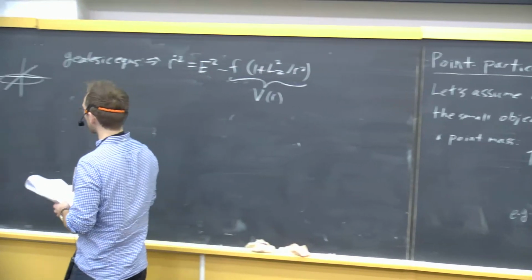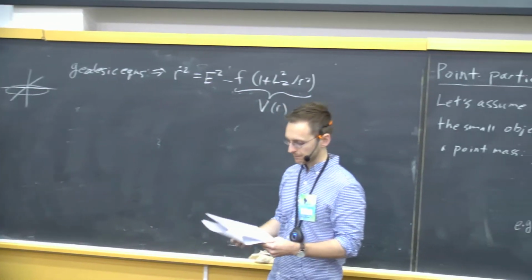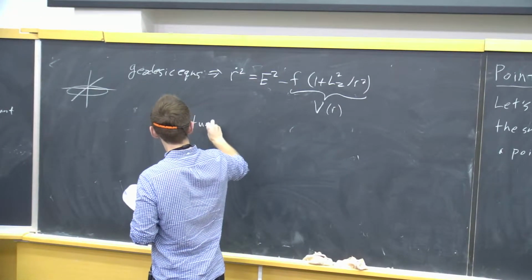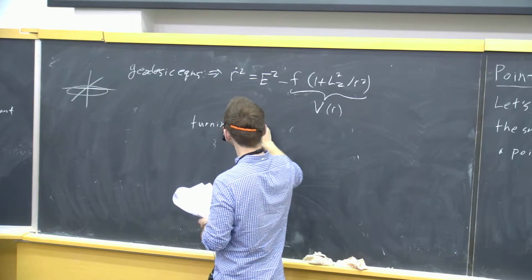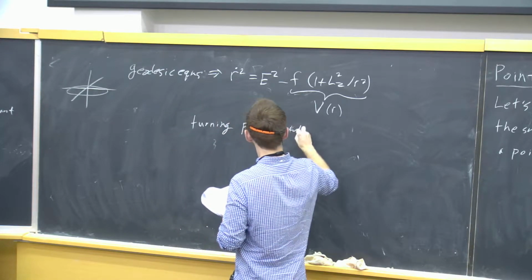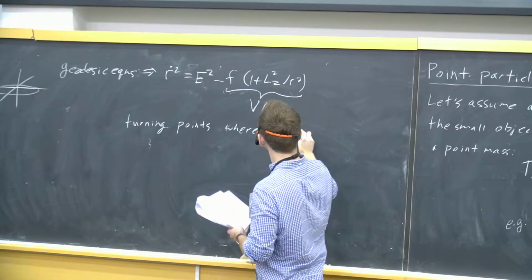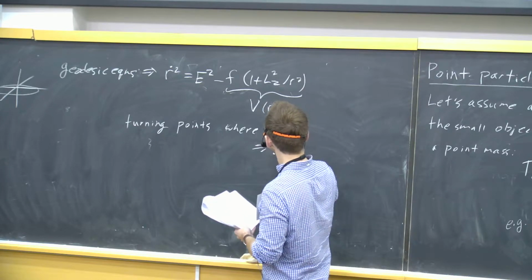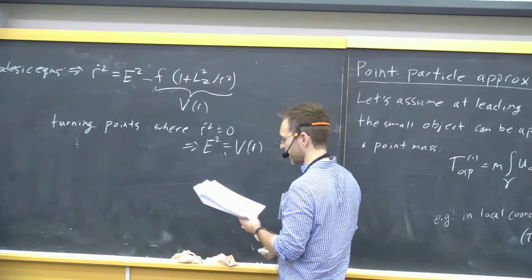And we're going to be looking at bound geodesics, so ones that don't escape back out to infinity. In those cases, we have two turning points where r dot squared is equal to 0, which means E squared is equal to V of r.